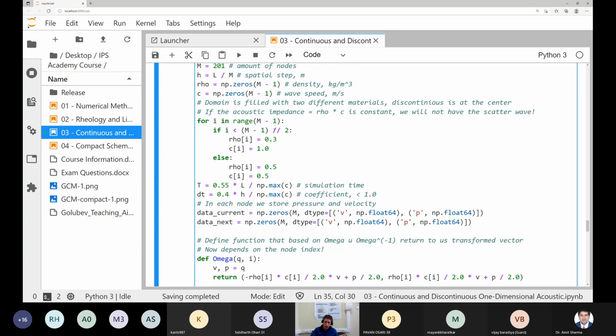I think, yeah, at 1/2, in the middle of our domain, we have the discontinuity. From the left part, rho is equal to 0.3. In the right part, 0.5, and the same for C.